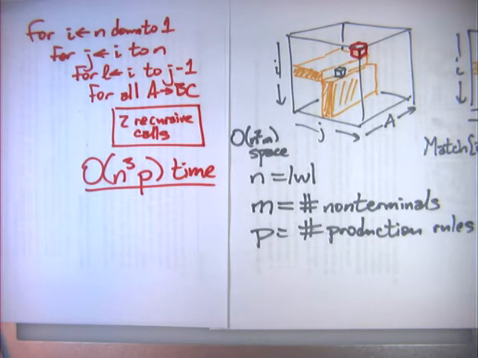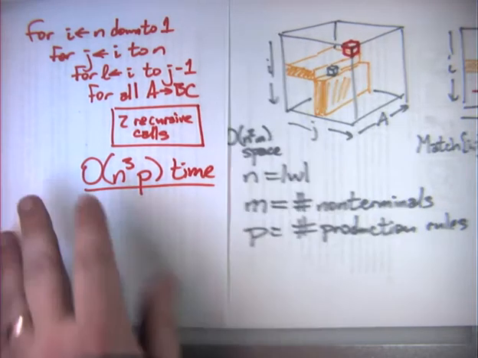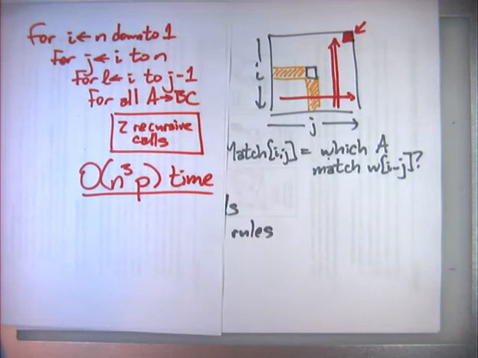And then the real question is, when I'm filling in this 2D table, what do I have to do? Well, for each value of L, I have to look at the corresponding substrings and their spots in the table. So inside the for i and then for j, I have a third for loop for L, and then inside that I look at all the production rules. So I get something that's roughly cubic.